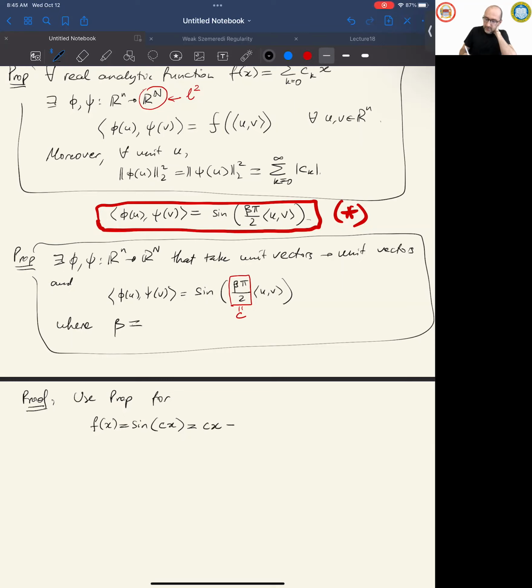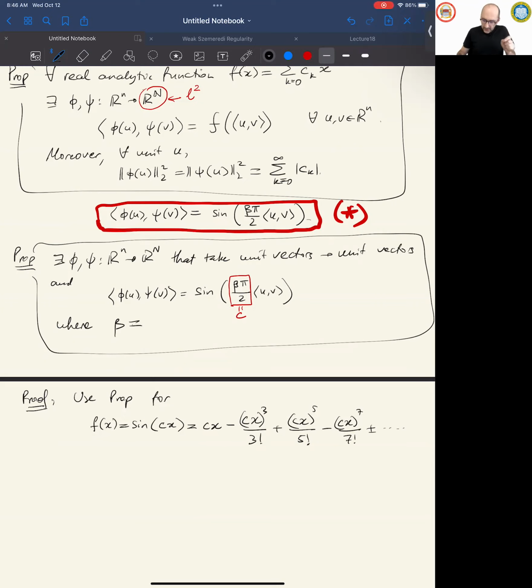It's definitely going to be linear in the beginning because sine goes this way, and then cx cubed, I think, over 3 factorial. That's its second term. Okay, I think. Correct me if I'm wrong, but I think this is the Taylor expansion for the sine function. Good.